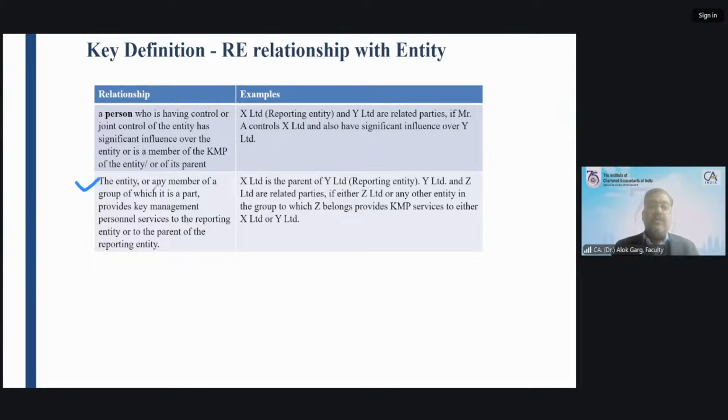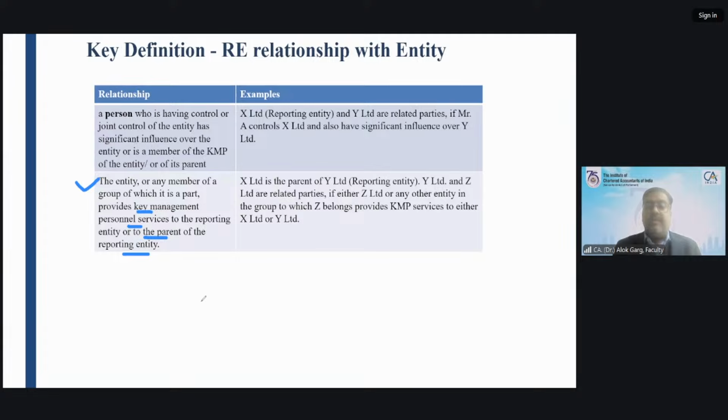The entity or any member of the group of which it is a part provides KMP services to the reporting entity or to the parent of the reporting entity.